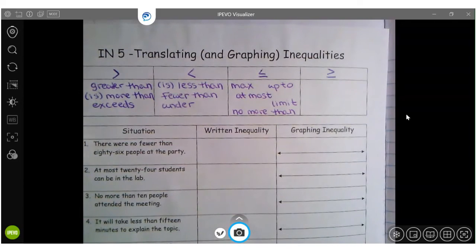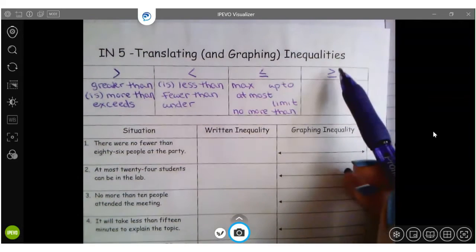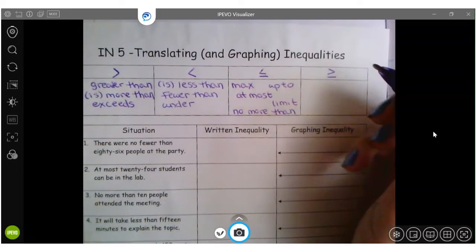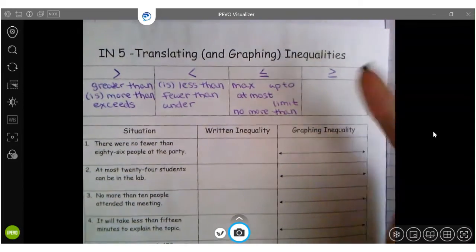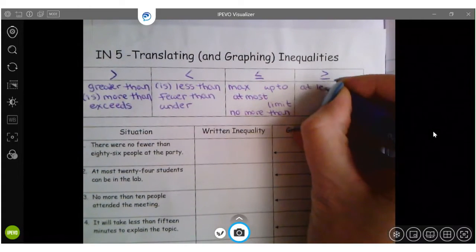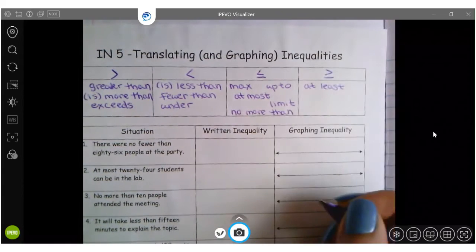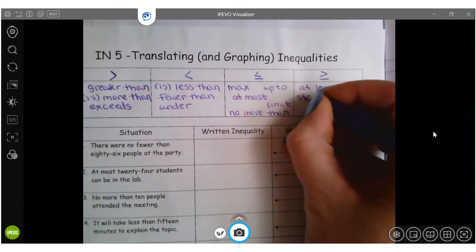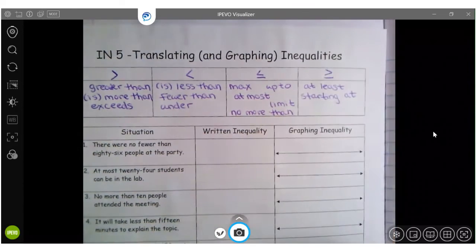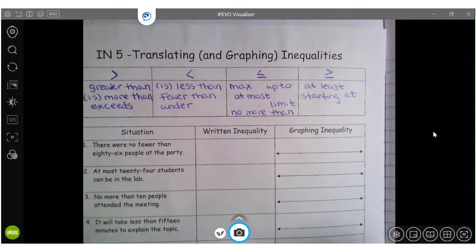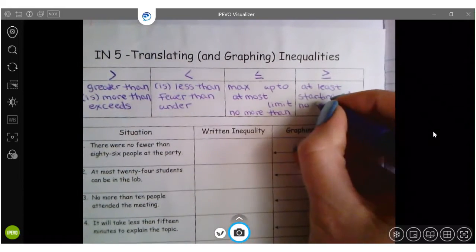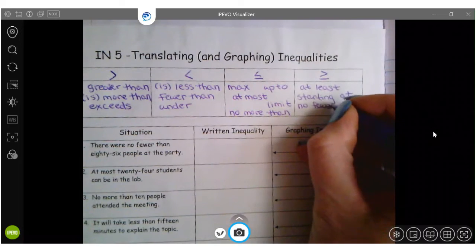And the last inequality symbol, our greater than or equal to symbol. So it means you need that number or more. So another way to say that would be at least, starting at, or no fewer than, kind of the opposite of no more than, no fewer than.